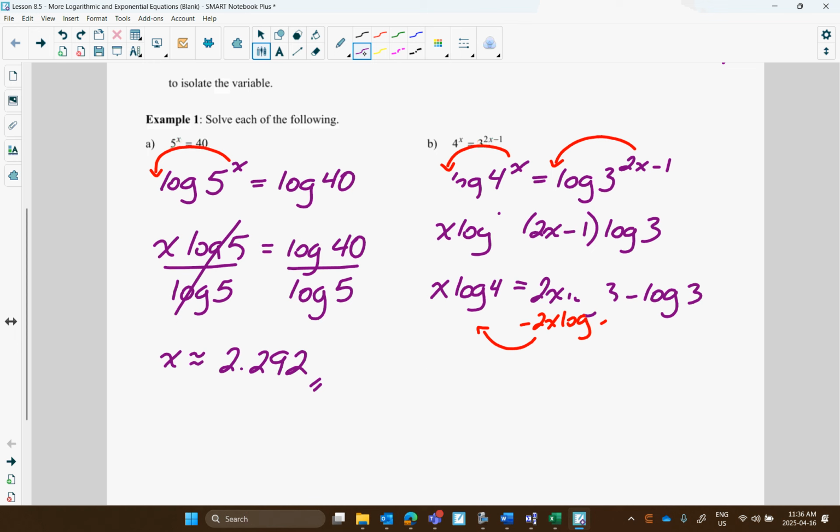So when I do that, I'm going to get x log 4 minus 2x log 3 equals negative log 3.